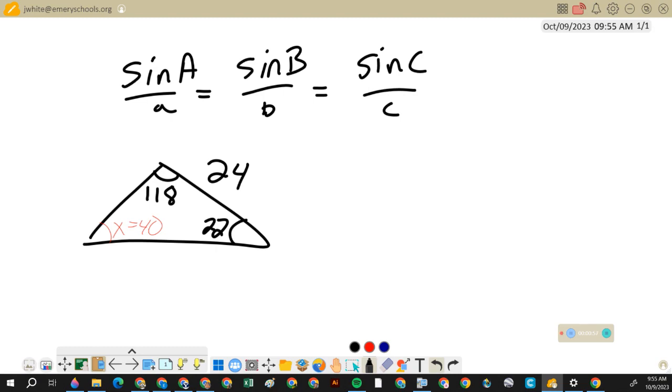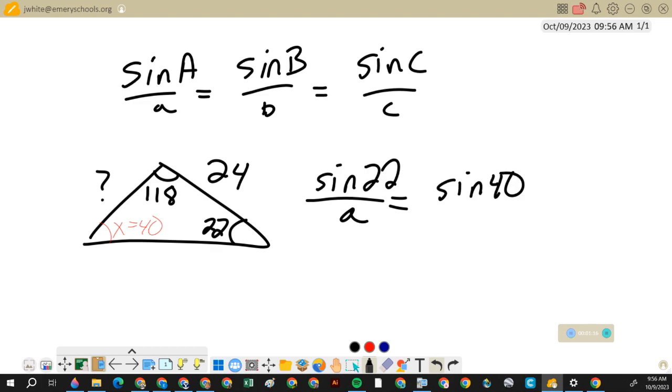So it wants AC. It wants this one right here. Okay. So the sine of 22 over a is equal to the sine of 40 over 24. Anybody have a question there?